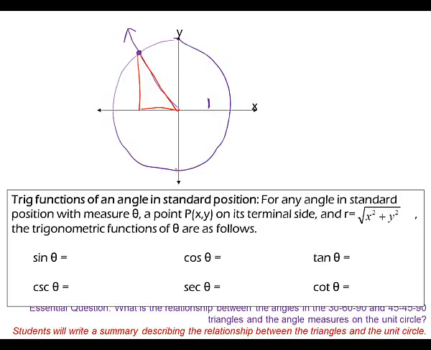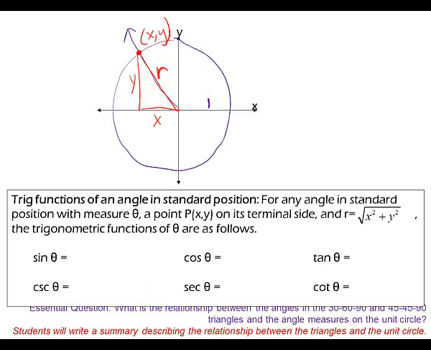And I know that this is still the radius, right? So I'm going to use a generic r on it for right now. This here, since it's in the X direction, I'm going to call x. And this here, since it's in the Y direction, I'm going to call y. So ultimately what I've created is a point x, comma, y.